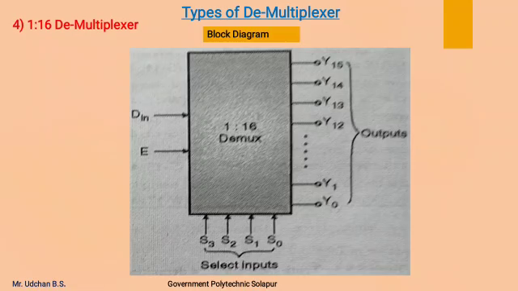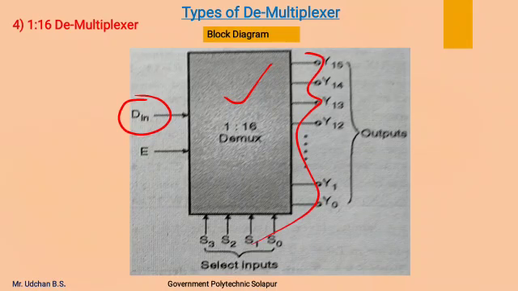So this is the block schematic of the 1:16 demultiplexer: single input, 16 outputs Y0 to Y15, 4 select lines and an enable input pin. So we can realize 1:16 demultiplexer in the same way as we have designed 1:2 and 1:4 demultiplexer.